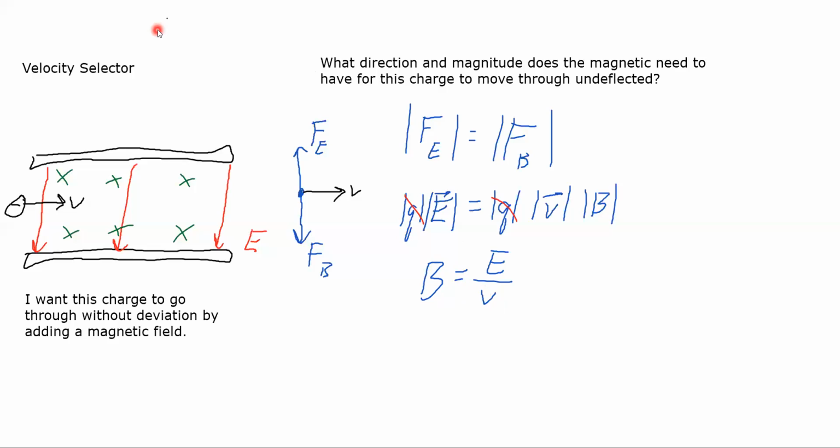So let's say the particle is going a little bit slower than the velocity we calculated. What direction would it go if it was going slower? Well, if that particle was going slower, FB will not be as strong, right?